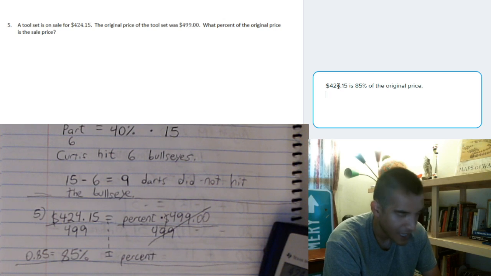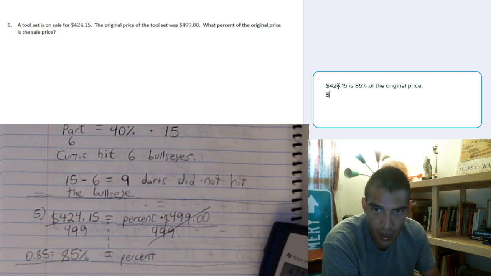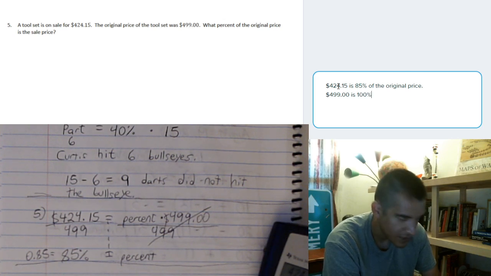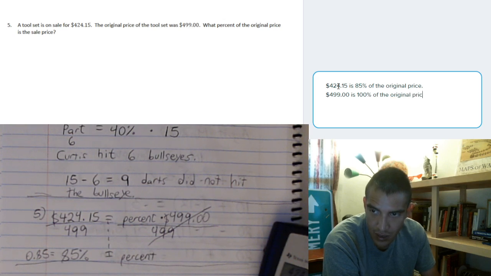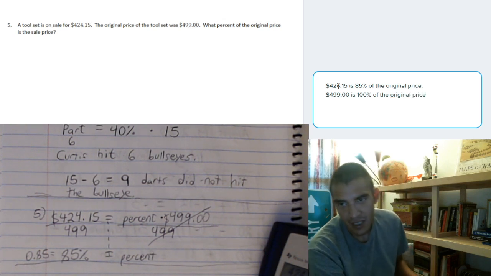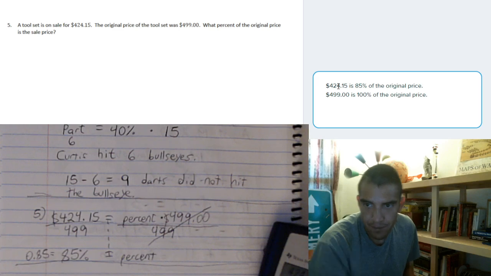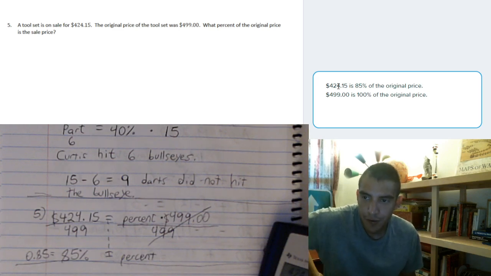And then if you want to add this information, please do. In fact, not if you want to. Please add this information. $499 is 100% of the original price. So that is the entire original price. So that was a 15% discount.